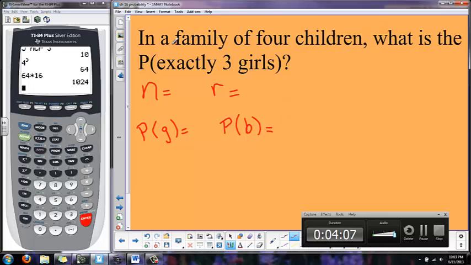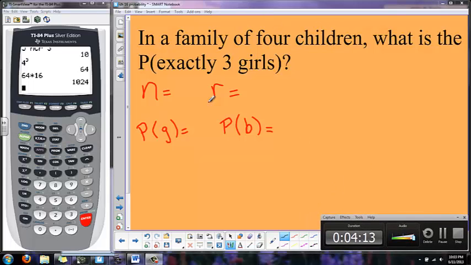Okay? So in a family of 4 children, how many total trials do we have? We have a total of 4 trials, and we want exactly 3 girls. Now what is the probability that I would get a girl if I had a baby? That would be 1/2, and the probability that I get a boy is 1/2 as well.